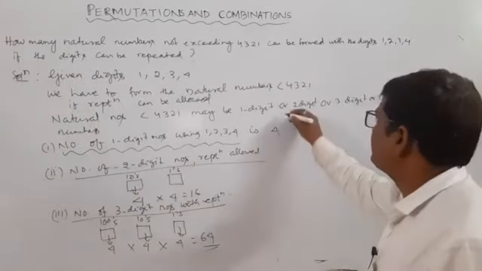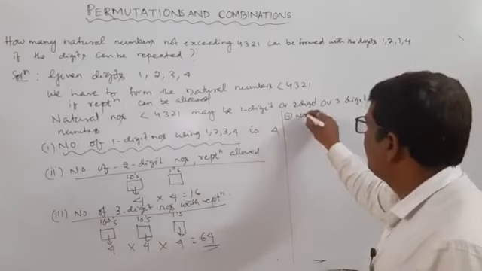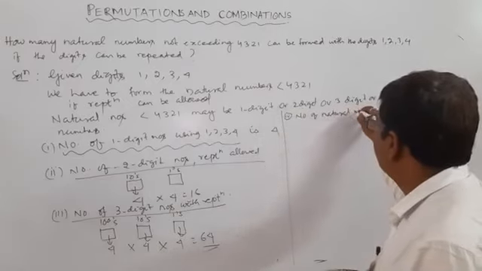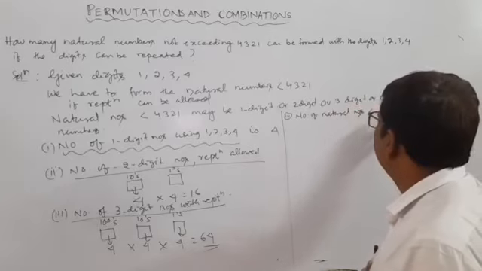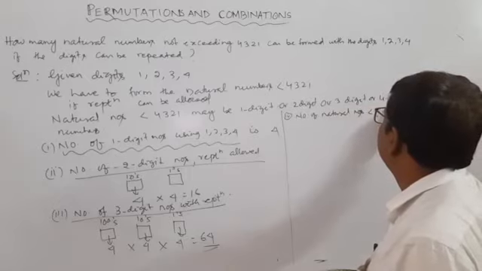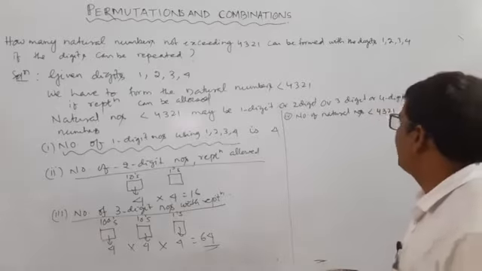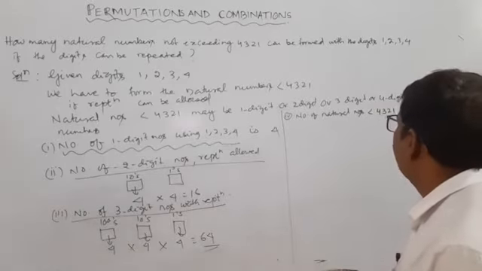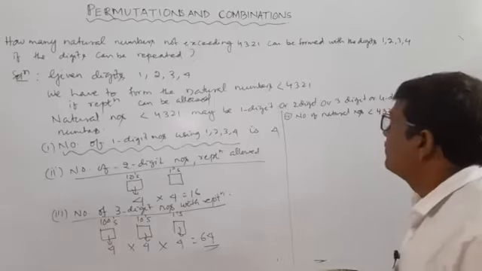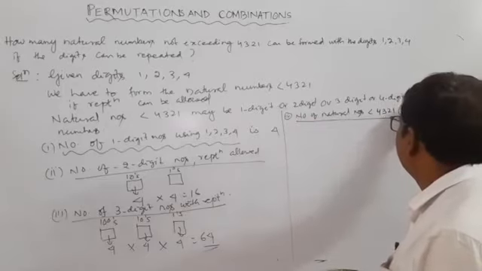Now, the fourth case is the number of natural numbers less than 4321. There are several cases. Case 1: the thousands place without 4, with repetition allowed.